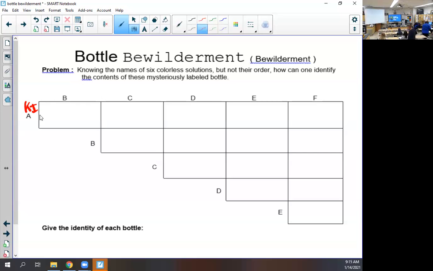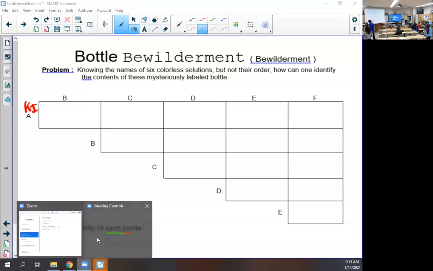Instructions are there. Tanner, I'll put you in a group on an iPad real fast. Okay. Jared, I'm going to have you grab that iPad and work with Tanner. It should be unlocked.